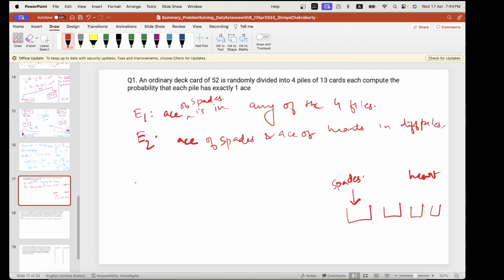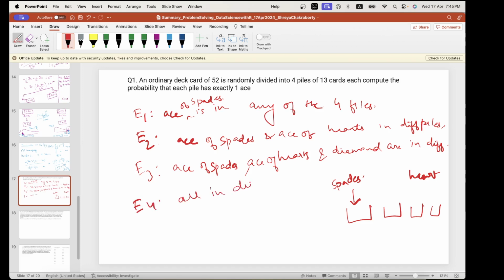Okay? E3 is your event, let's say that ace of spades, ace of hearts, and diamond are in different piles. And E4 is that all are in different piles.